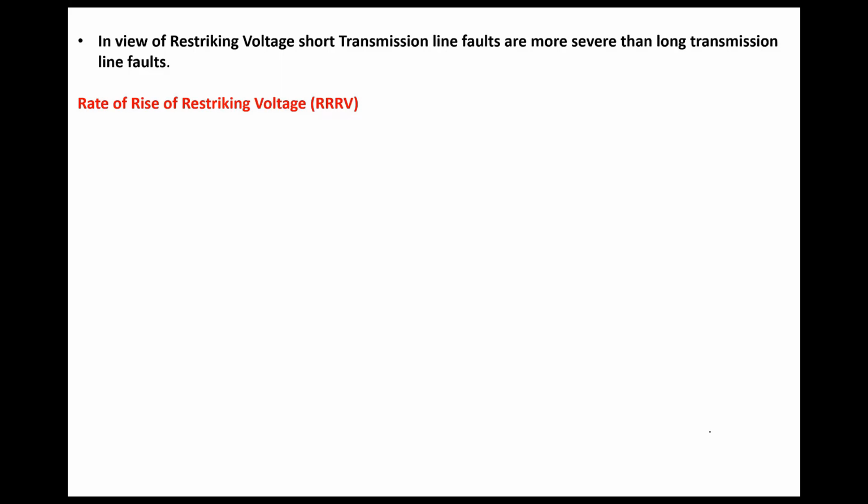So the rate of rise of restriking voltage is given by d by dt of transient recovery voltage. If you differentiate this one, what you're going to get, which implies d by dt of, what is the formula we wrote here? Vm into 1 minus cos omega n into t. So this value will become how much?